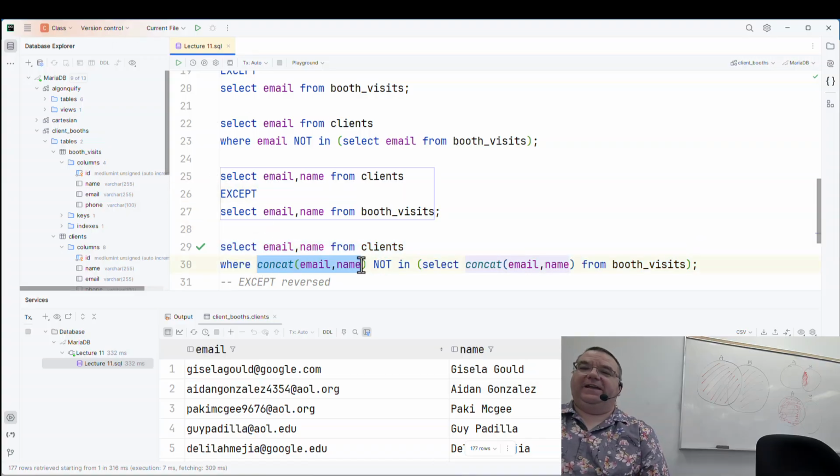What I'm doing here is I'm concatenating. You guys have learned about concatenation yet? You take string A, you glue string B to string A, you got a bigger string, concatenation.